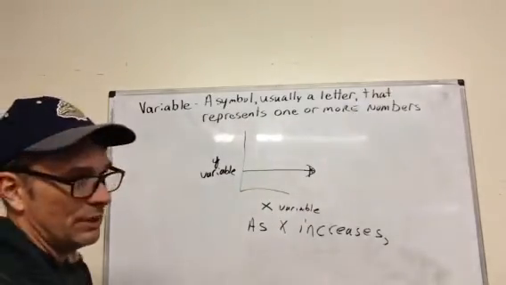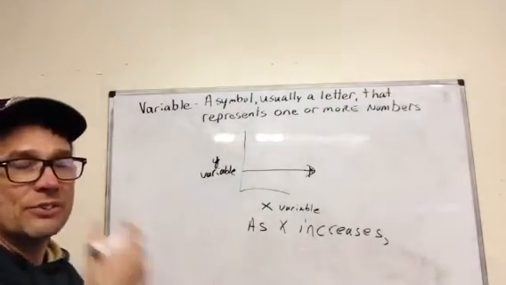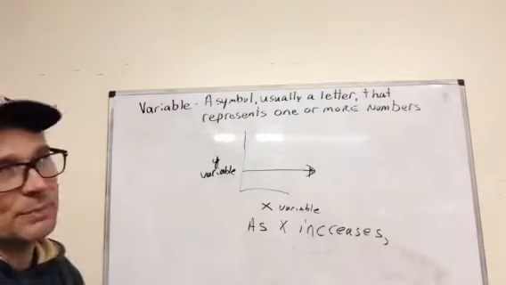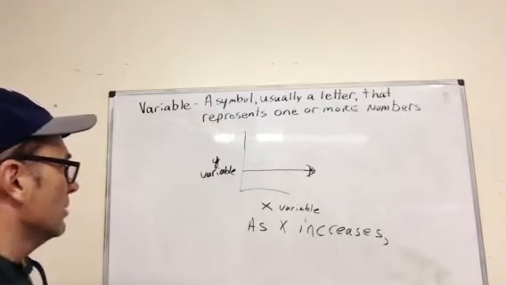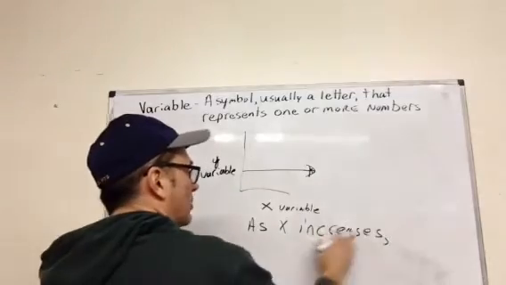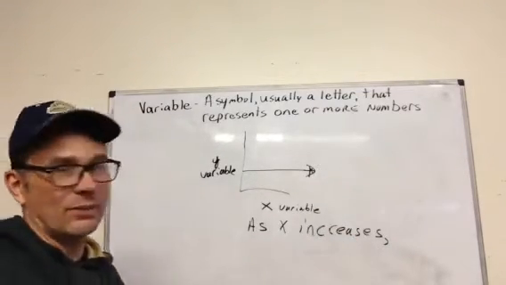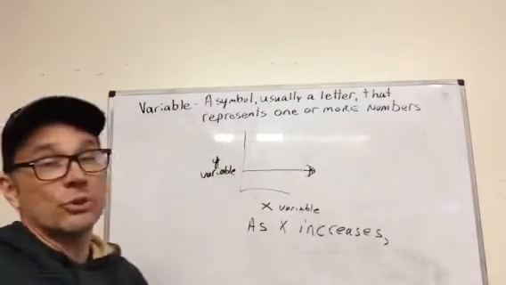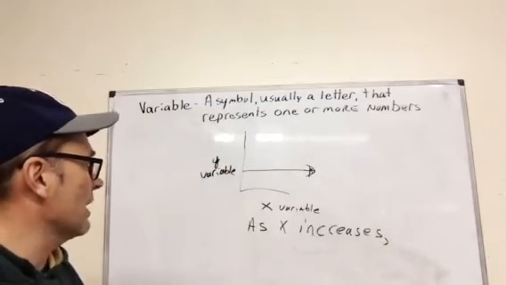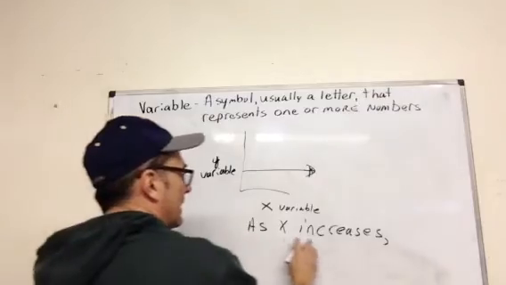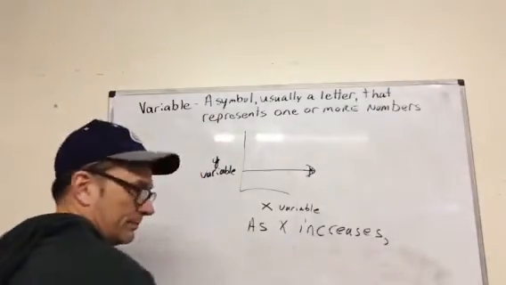Or as time increases, the amount of sales increases. Or as time increases, something decreases. So we're going to be using words like increases and decreases, constant, growing constantly, growing faster or slower, and looking at graphs. But we're always going to start with as x increases.